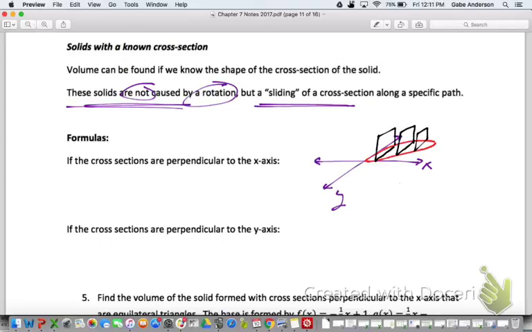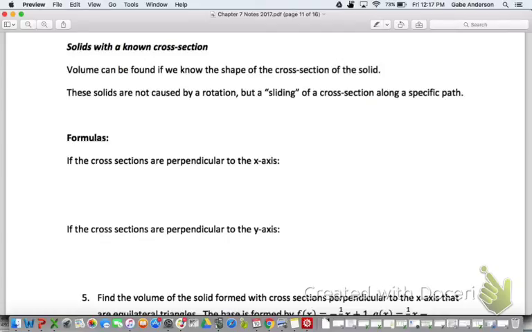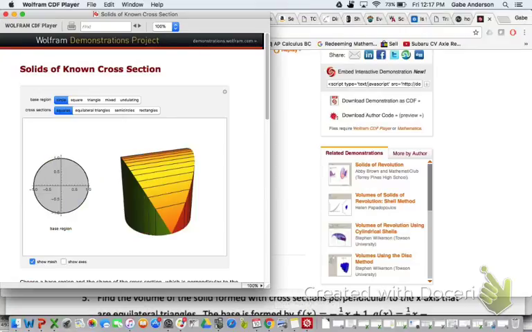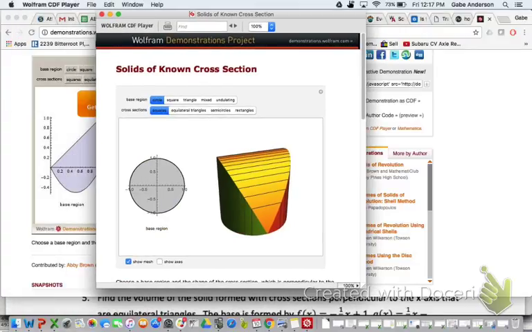So can I show you a little bit of a different demo here? Let me show you something a little bit different, one of those Wolfram Alpha things. There we go. Okay, so Wolfram Alpha. So yeah, I can grab this shape. Okay, so here's what this is talking about.